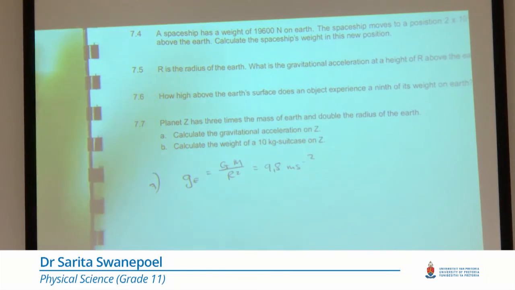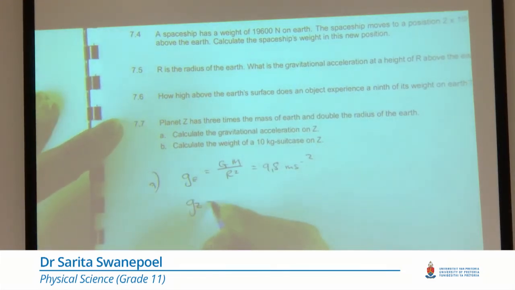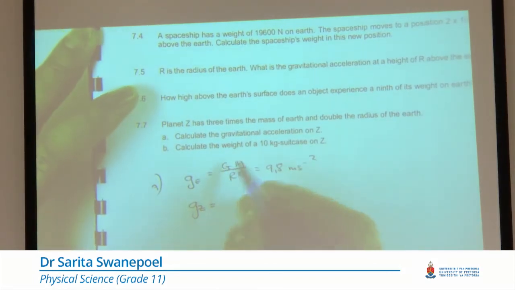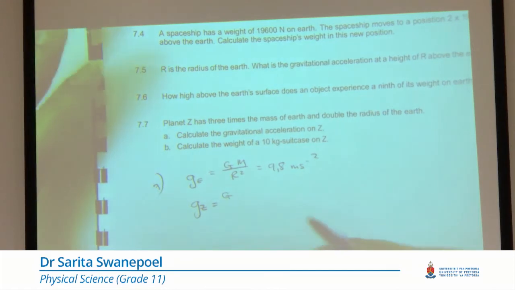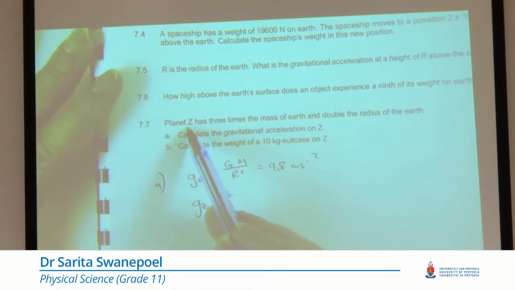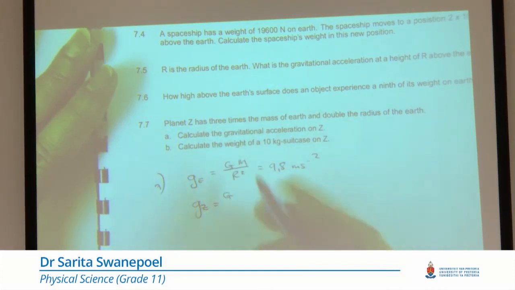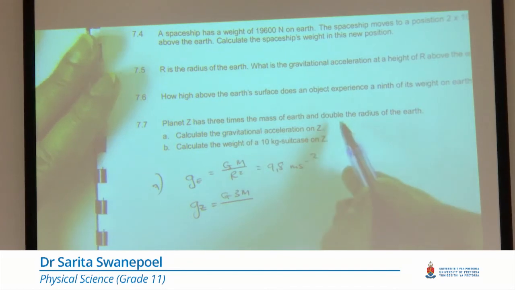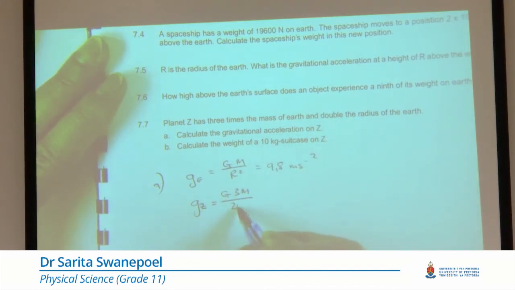Now I'm going to planet Z. What happened to G? Nothing, same universe. What happened to the mass? Well, planet Z has 3 times the mass of the Earth, so that should be 3M, and double the radius, 2r.